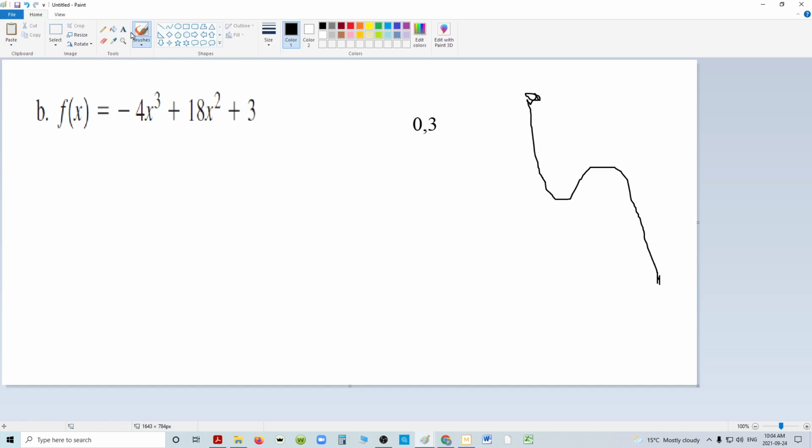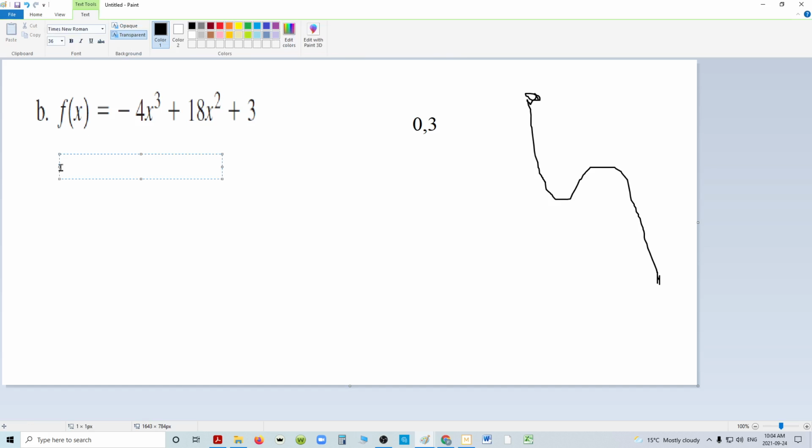That helps us. We're going to take the first derivative, minus 12x squared plus 36x, and we discover those both have x's in them. I can take a minus 12x out of the first one, and I get x minus 3 as the leftover, which means if this is the first derivative and I set it to 0, there are going to be two max/mins.